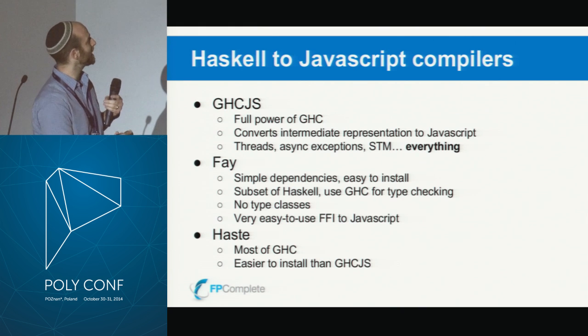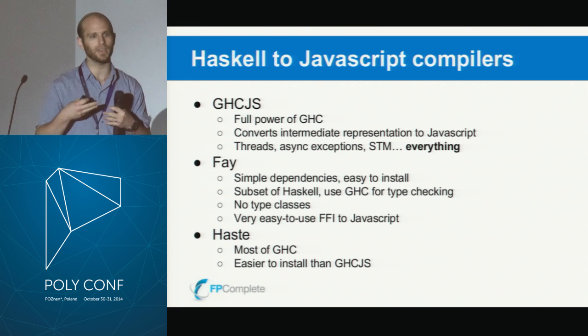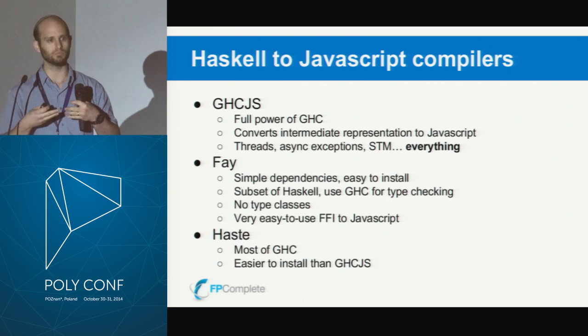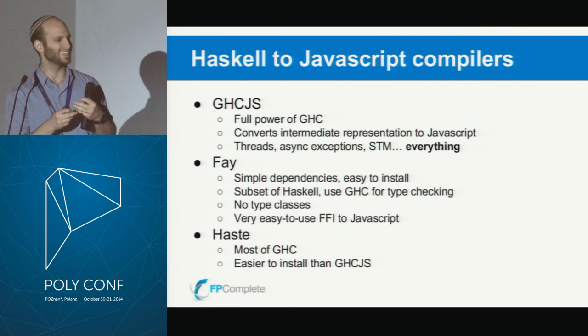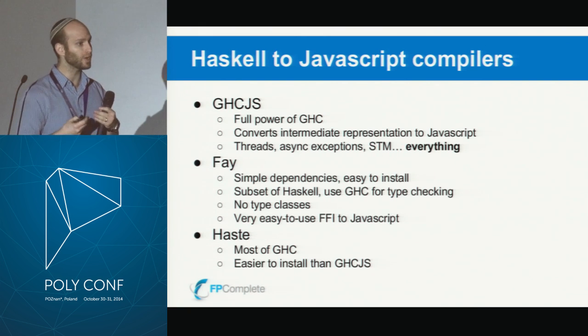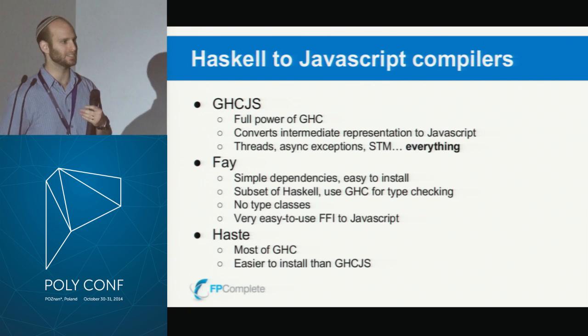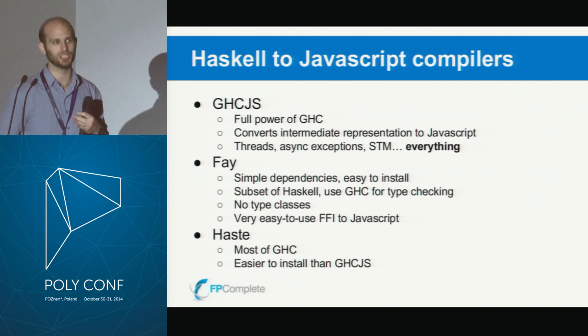So GHC.js goes ahead and ties into GHC, lets it do all of its parsing, most of its code generation, and then right before it actually spits out native code, it takes that last representation, which we call core, and turns that core into JavaScript. It also implements the full GHC runtime system in JavaScript. So anything you can do with GHC code, you can do in GHC.js.